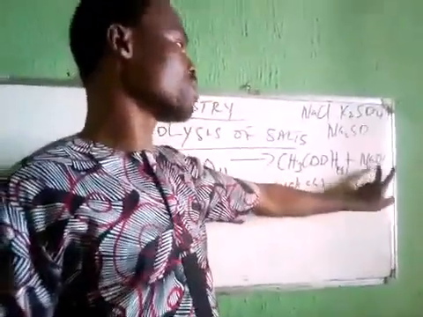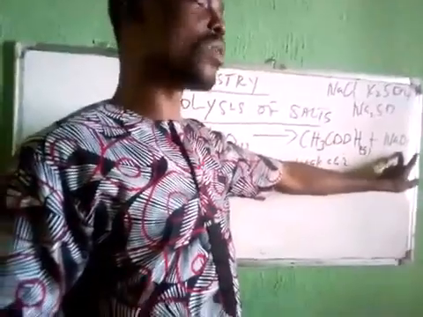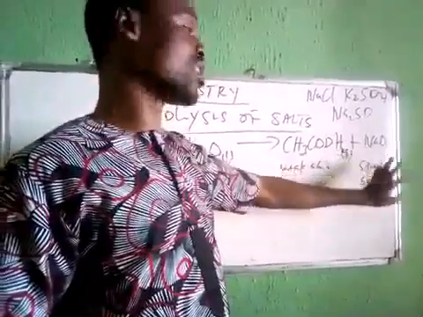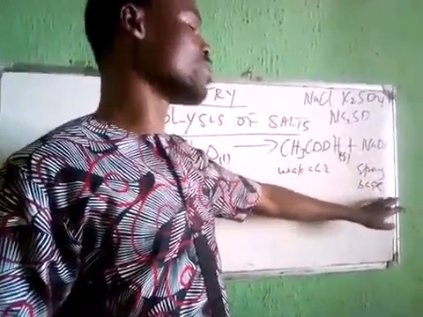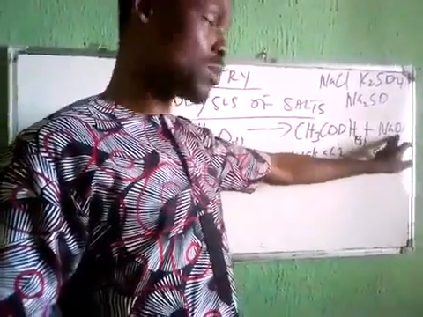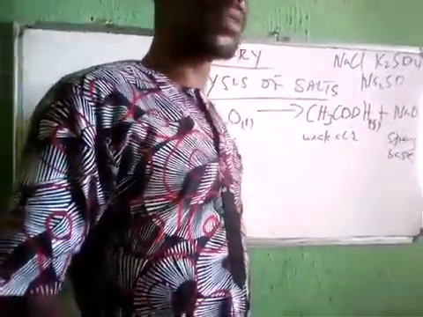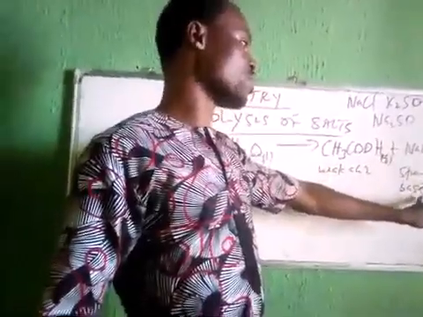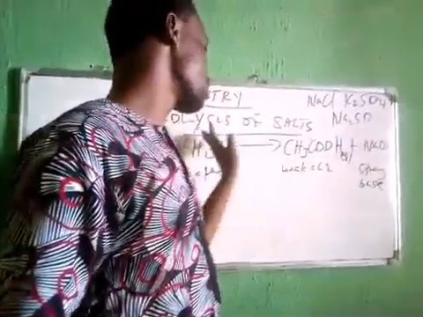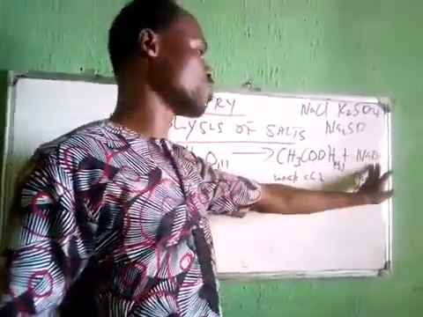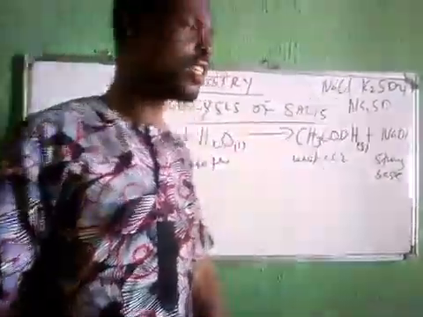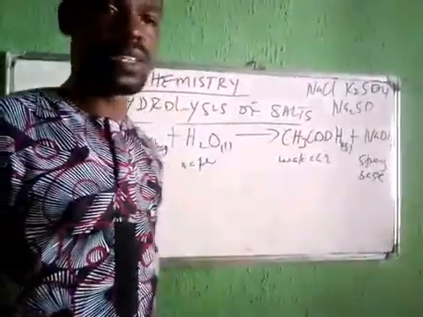The pH will be above 7, meaning it's alkaline in nature. So when you test such a solution with litmus paper, it's going to give you blue. Okay? That is why we say that hydrolysis results in the formation of a solution that is alkaline in nature because of this strong base.